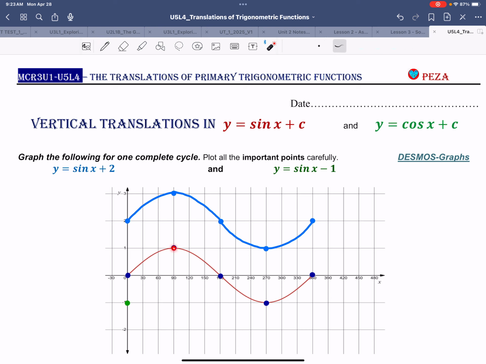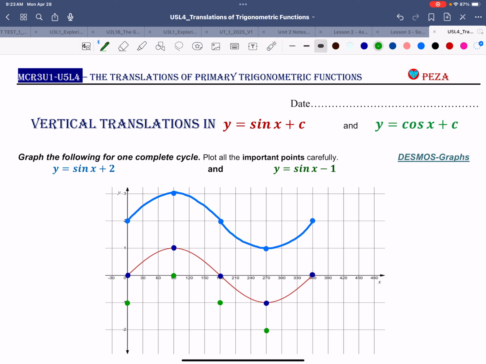Next we have y equals 1. It will become 1 unit smaller. That's 0. Y equals 0 will become negative 1. Y equals negative 1 will become negative 2. And y equals 0 again will become negative 1.